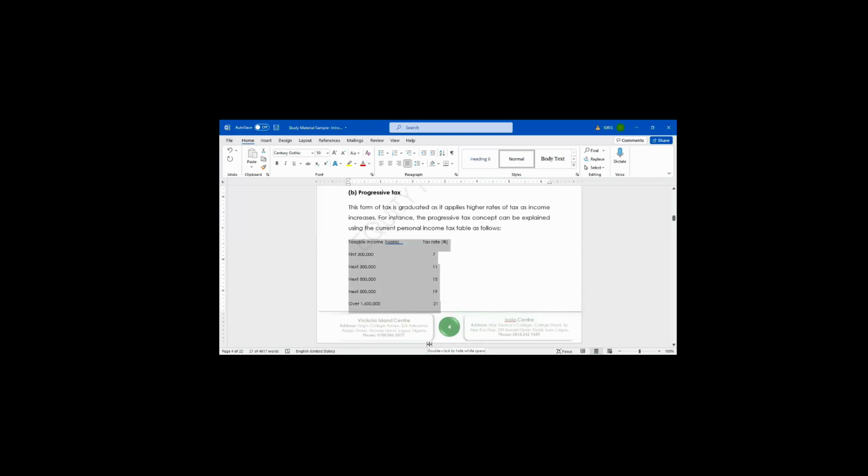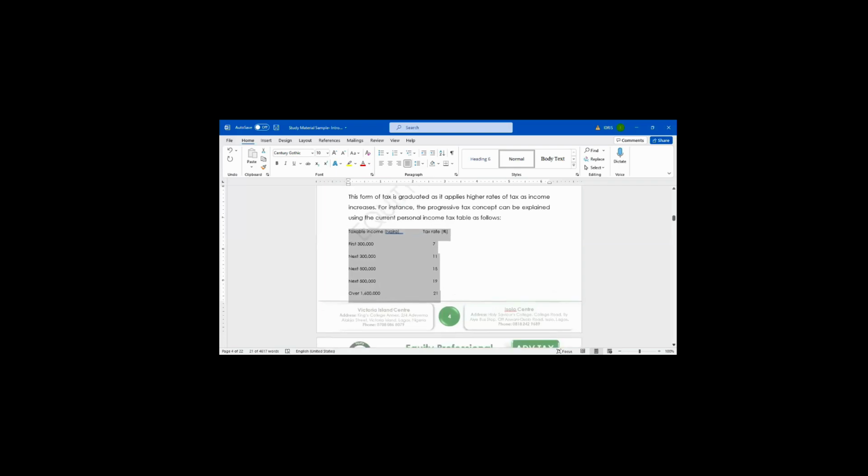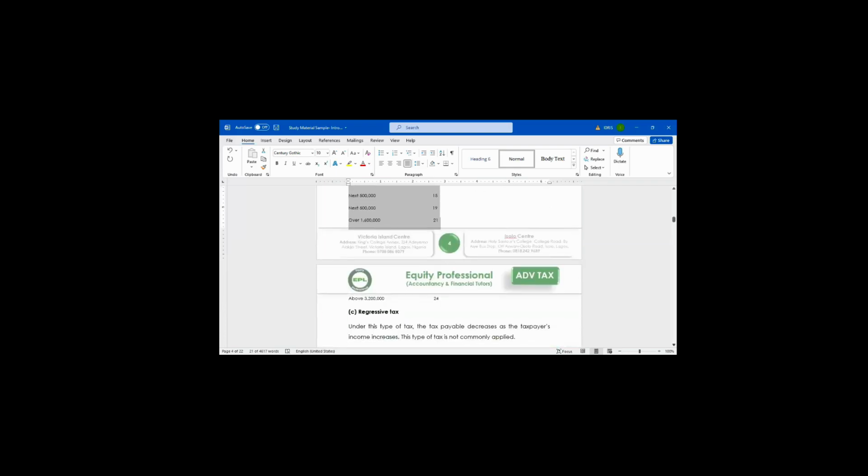Over 1.6 million is going to be taxed at 21%. And above 3.2 million will be taxed at 24%. What we can see from this table is that as the income is increasing, the tax rate too is going up. That means it's progressive.